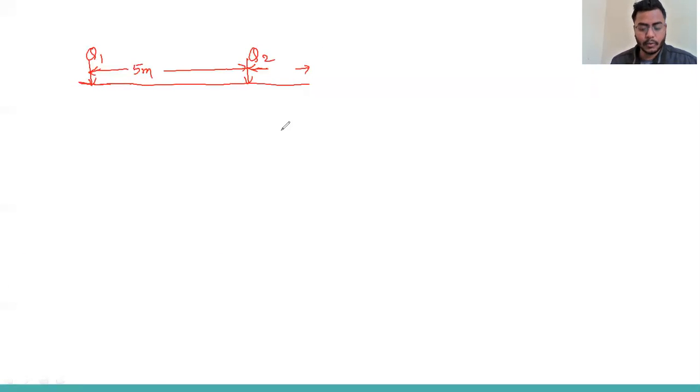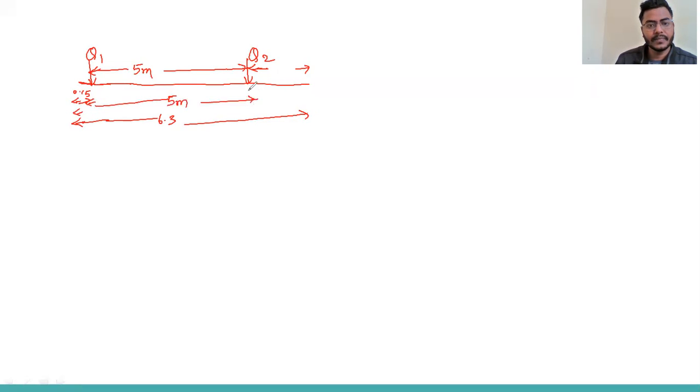The total length we have calculated is 6.3. Here this is 0.15. From here to here, that is 5 meter. So we can calculate this one. So what will it become?